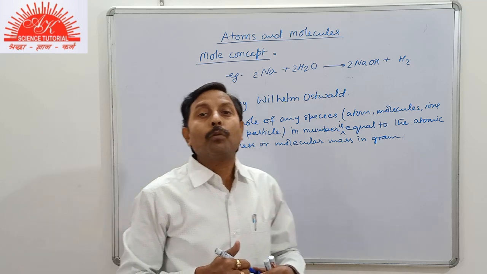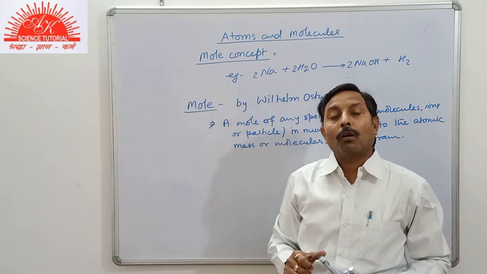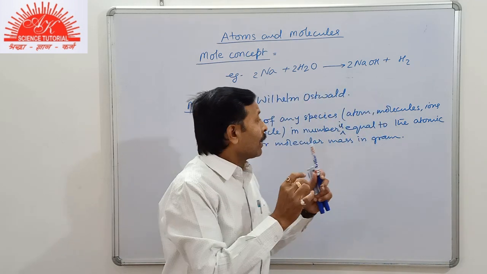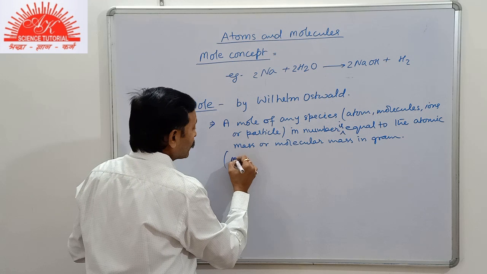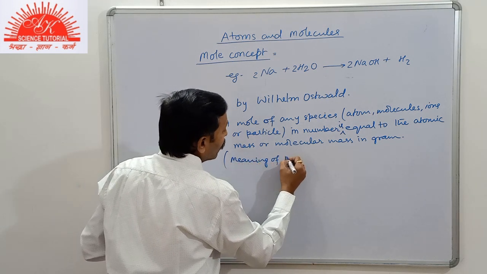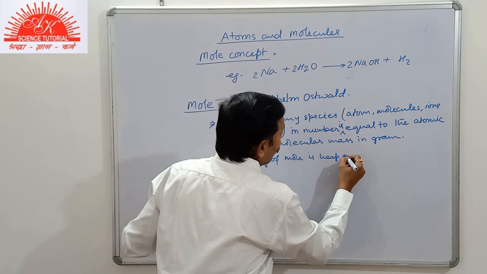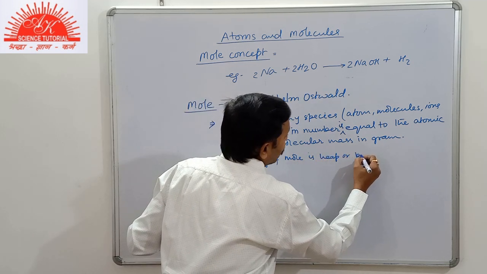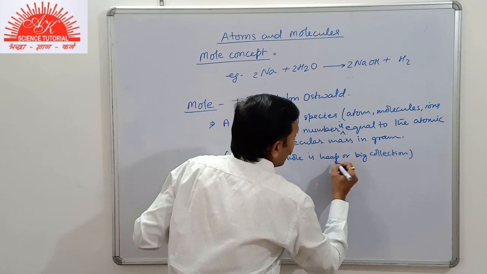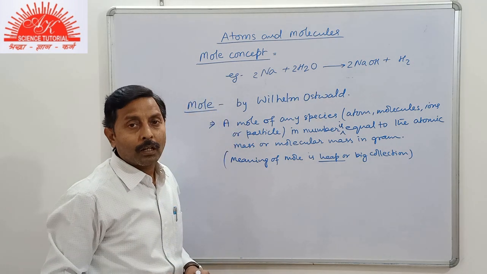Similarly, if we take molecular mass in gram, it will again be equal to 1 mole of that substance. Since the meaning of mole is heap or big collection, this is a big collection of particles.